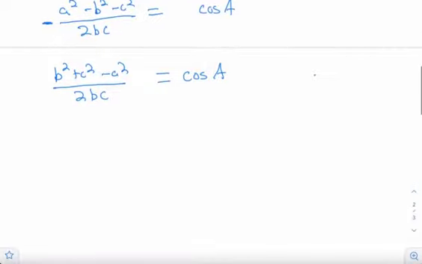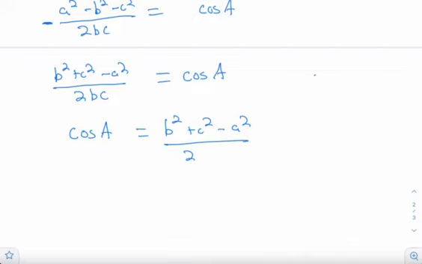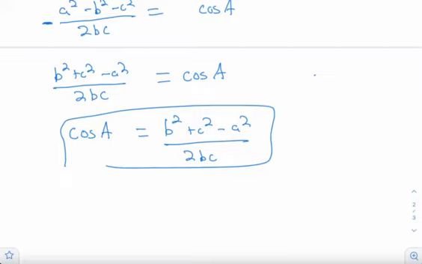So what I'm going to do is I'm going to rewrite my equation just to put cosine of A on the left side. So cosine of A is equal to B squared plus C squared minus A squared over 2BC. And now let's just do a little double check there.